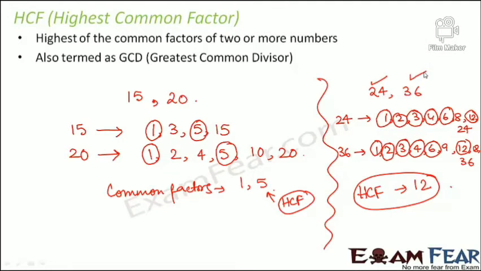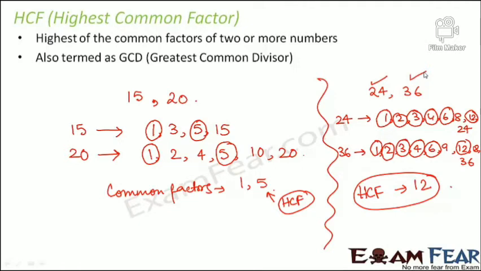So that means 12 is a divisor for both 24 and 36, and it is the greatest common divisor. This is the greatest possible number which can divide both 24 and 36 exactly. So that is the exact meaning of highest common factor or HCF, or it is also sometimes called GCD, that is greatest common divisor, but most commonly it is termed as HCF.